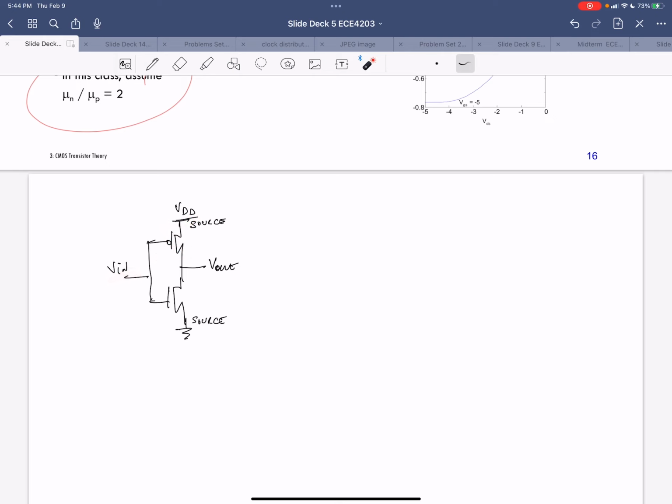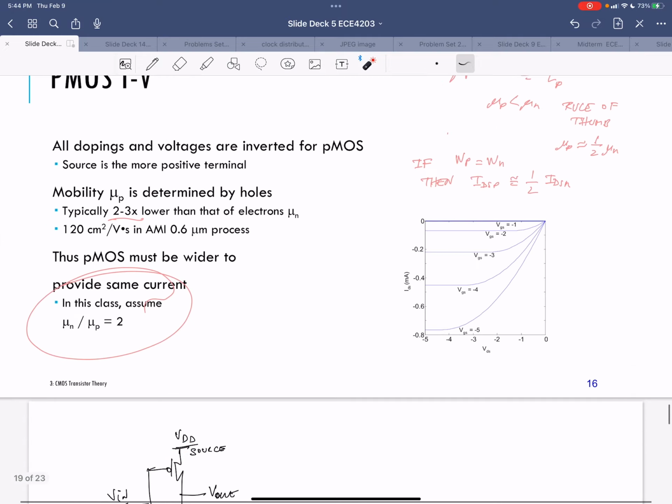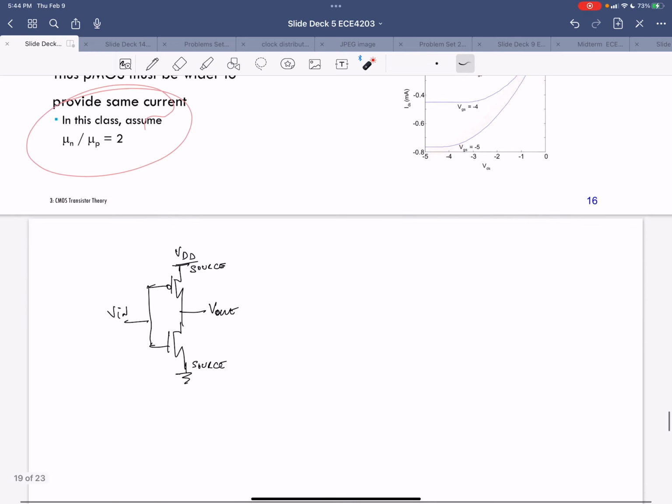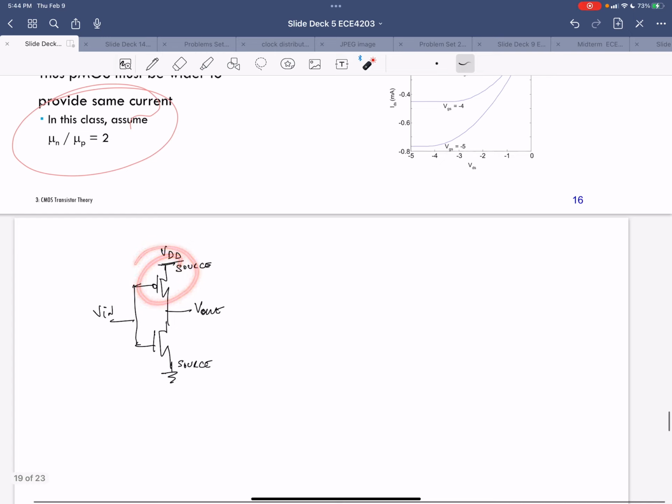Vn is at 0 volts. VGS for this guy is going to be 0 because the gate's at 0 and the source is at 0, so this guy's going to be off. But the gate source voltage for the PMOS is going to be minus VDD, which is a very large negative voltage, which means my PMOS is going to be nicely on.